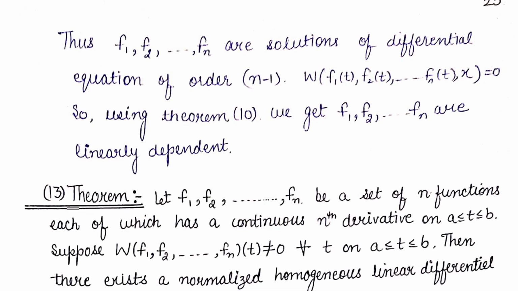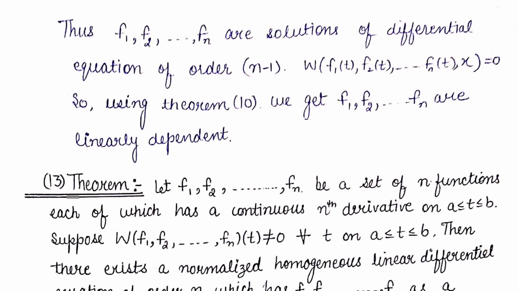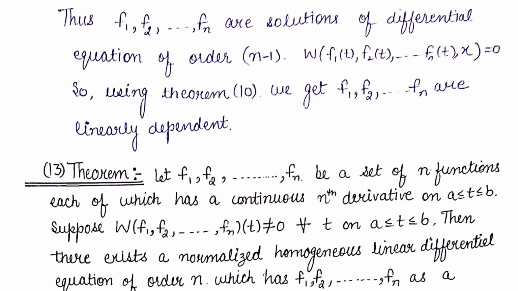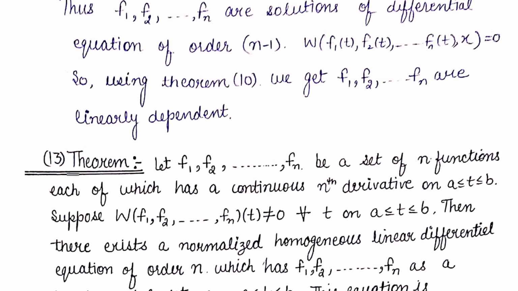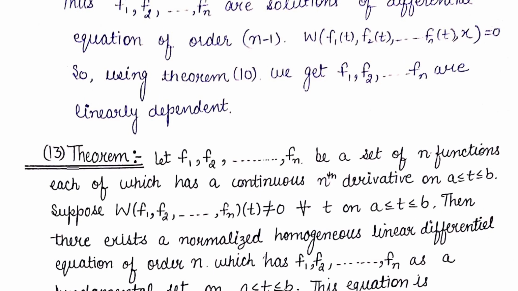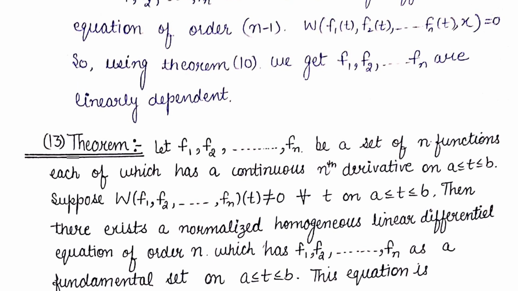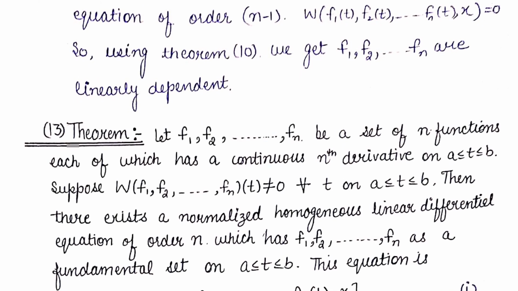And thus f1, f2, ..., fn are solutions of a differential equation of order n minus 1, and hence we have a set of n functions, namely f1, f2, ..., fn, which are solutions to a differential equation of order n minus 1. So using theorem 10, we get that f1, f2, ..., fn are linearly dependent, and this completes the proof of the theorem.